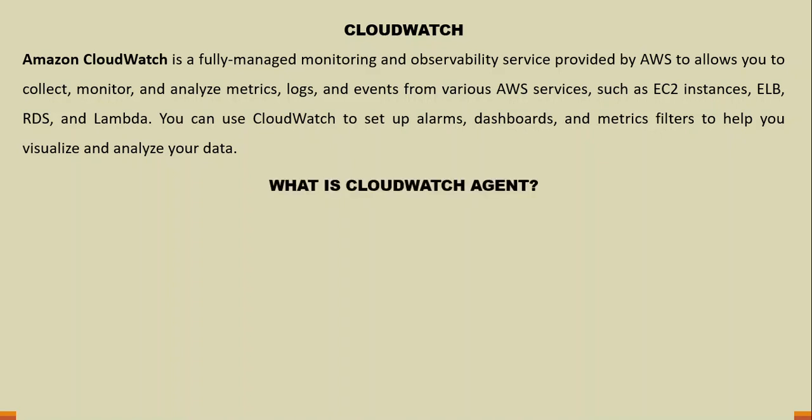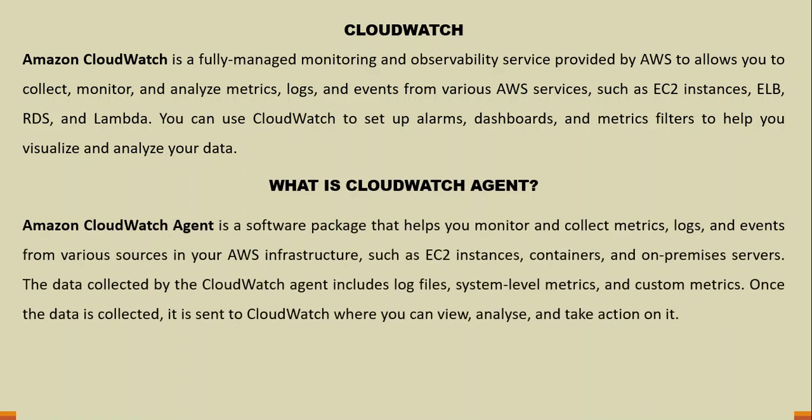And what is CloudWatch agent? It is a software package that helps you collect your metrics, logs, and events from different sources, be it in your AWS infrastructure, on containers, or on-prem servers. This will help you monitor your logs and metrics.